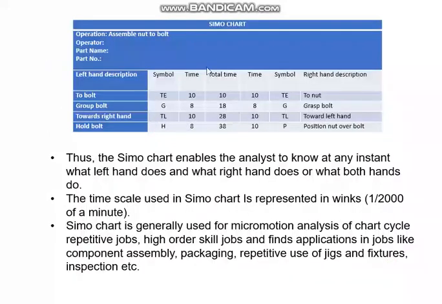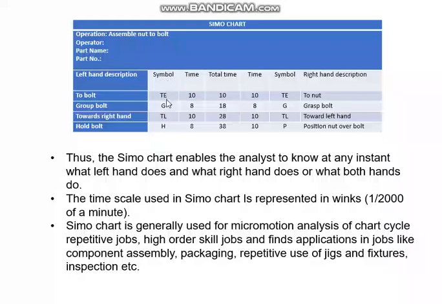Okay, this is a simple chart. This is a SIMO chart. The operation here is to assemble a nut and bolt. The operator's name can be given here, part name can be given here, part number can be given here. Now in this column, left hand motions are described, and at the right side, right hand motions are described. And what the left hand is doing, those Therbligs, you can call it symbol or Therblig also here.